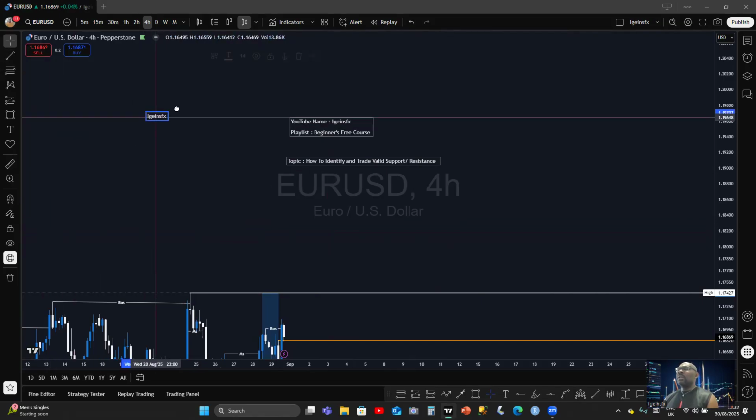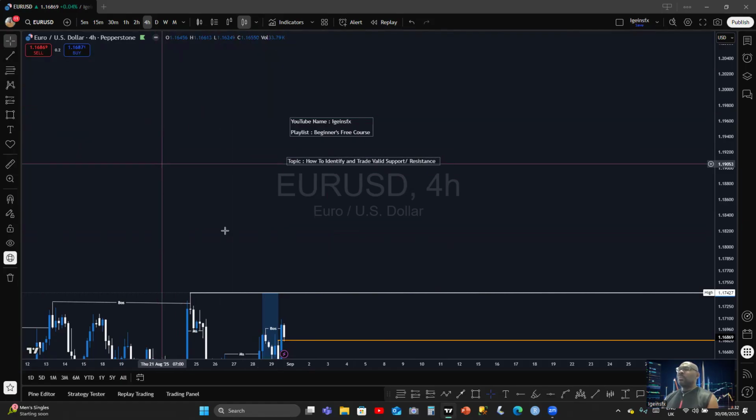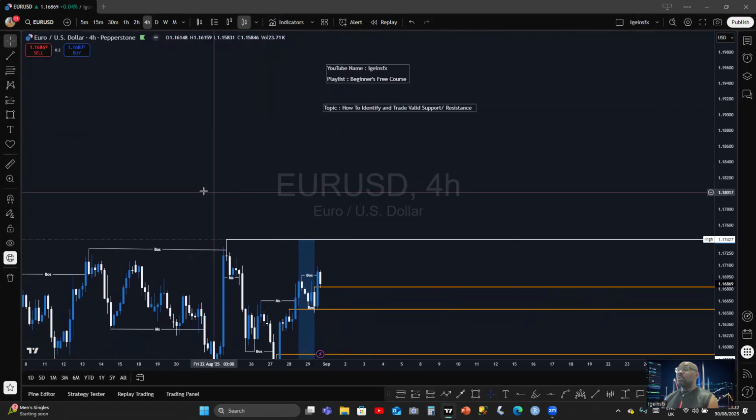So it's very, very important for you to have the knowledge of where a support level is and where you have a resistance level.